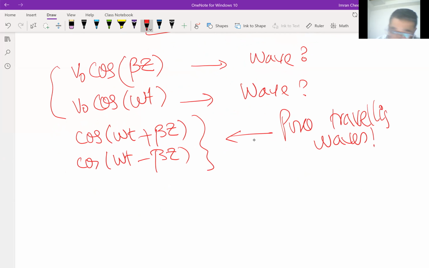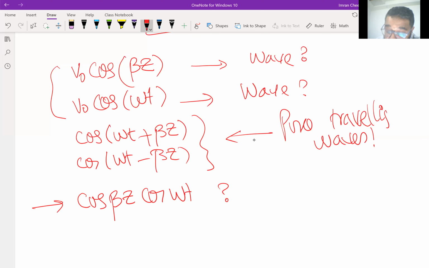Okay, how about, and I'm not going to answer that, I want you to think later on, how about cos beta z cos omega t? Is this a wave? Okay, I will answer that one. Yes, this is a wave because both z and t are there. But what kind of wave is this? I won't answer that, and I want you to think about it later on.